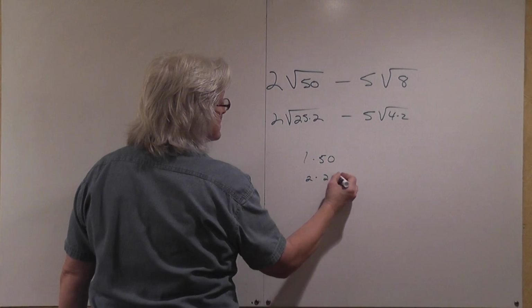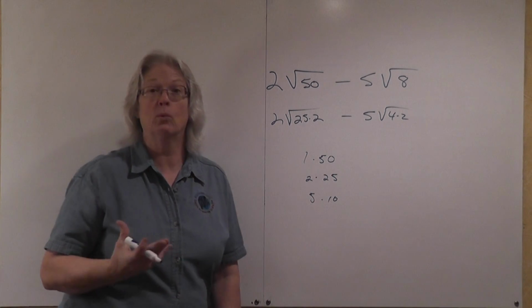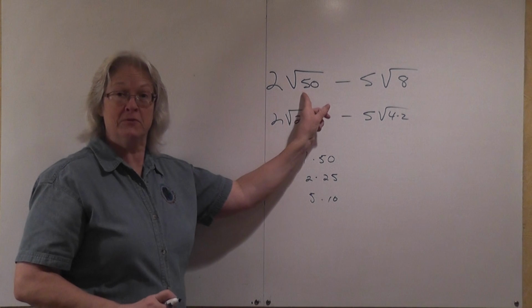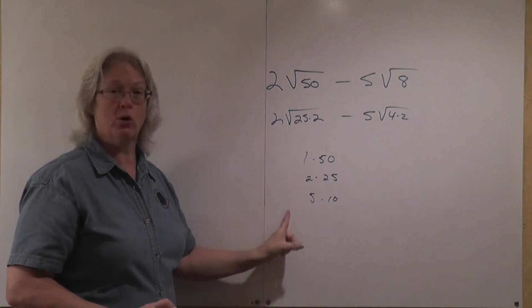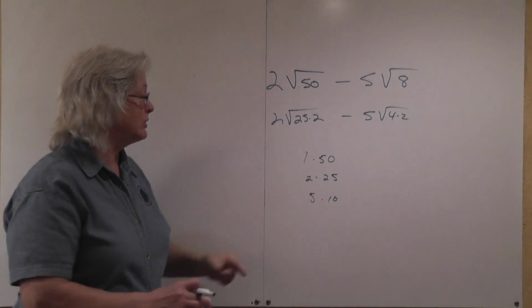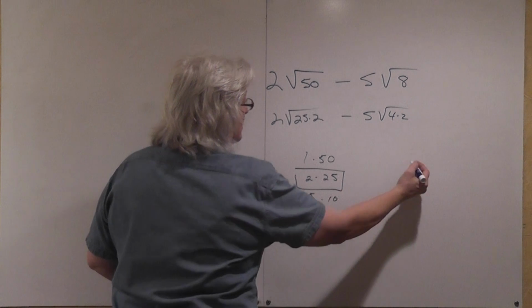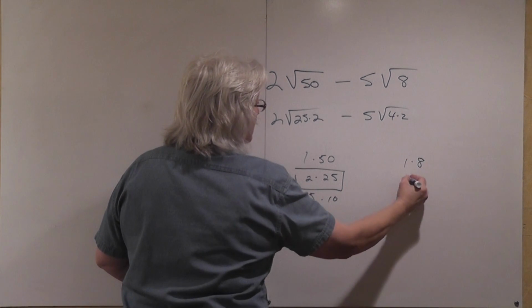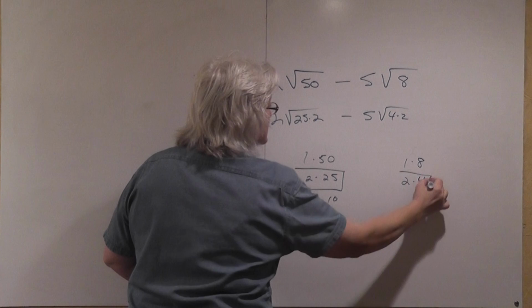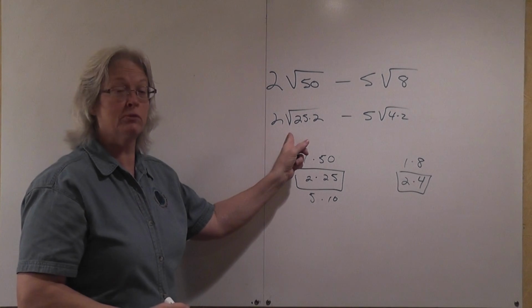What is the purpose that we are trying to accomplish when we show 50 as a product of two different factors? What are we trying to do? We're looking for a factorization of the number which includes a perfect square, because we're taking the square root.